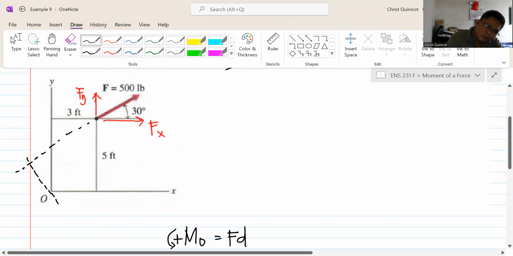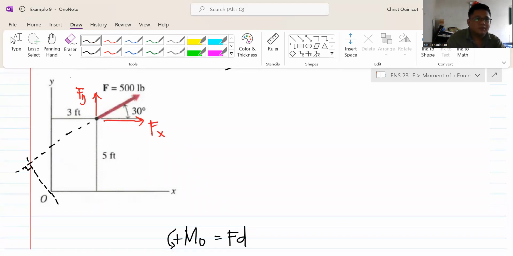So we will create a line parallel to that line, passing through point O and still bisecting the line of action of our 500, which is this line here.